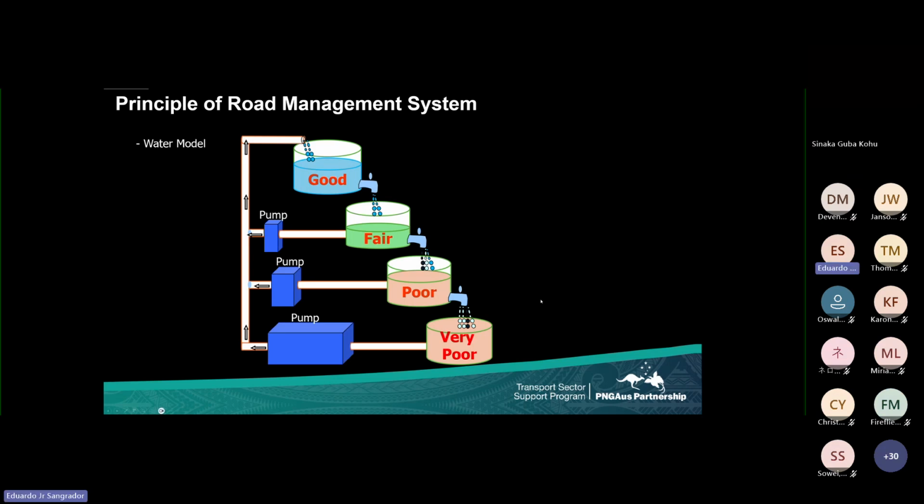And the pump is the treatment that you're putting. If you notice, the good goes to fair, and on fair, you use only a small pump, a small energy, to put it back in good condition. But if you let this water flow down to very poor, you'll need more electricity to pump up to good as well. This represents the cost. This is the principle of the management system on this water model.